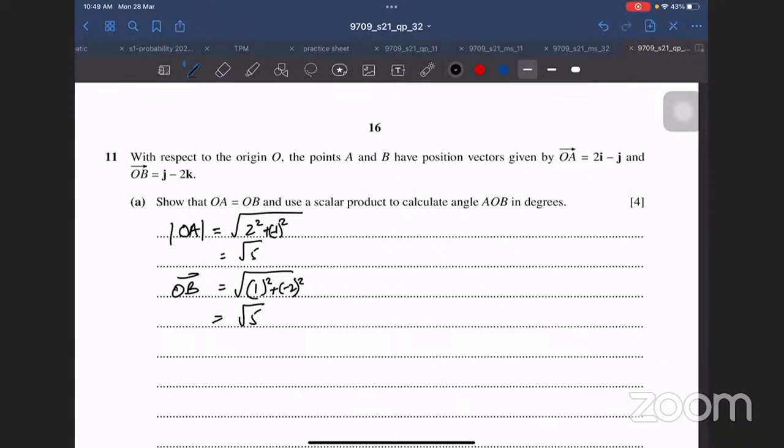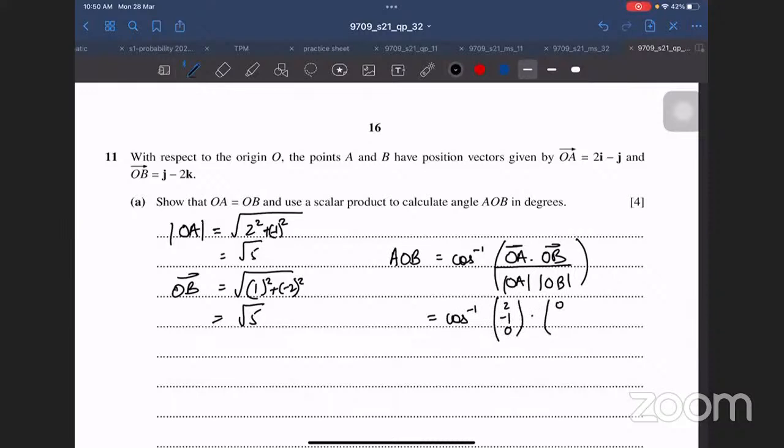Right. Then to find angle AOB, what would we write? Cos inverse of OA dot OB over the magnitudes. I have to be careful when I do the dot product because there is a missing component: 2, -1 and 0, and 0, 1 and -2.